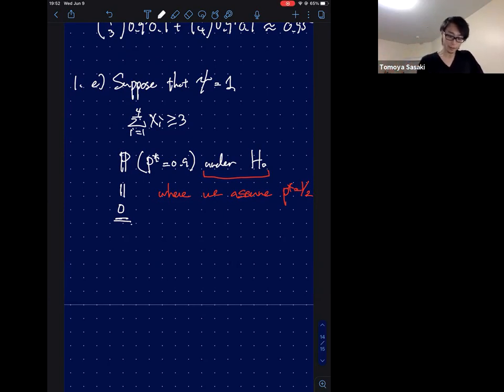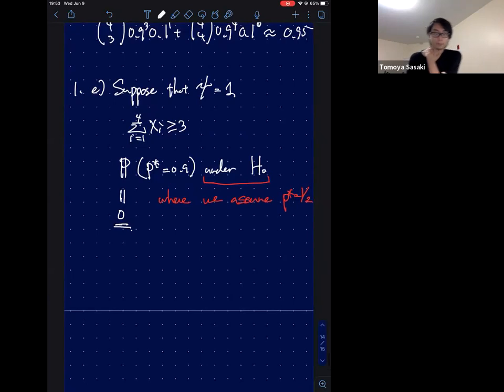So actually this is a really tricky question, but I hope this example is giving you some intuition and some important component of hypothesis testing. Okay, does anyone have any question about this exercise so far?